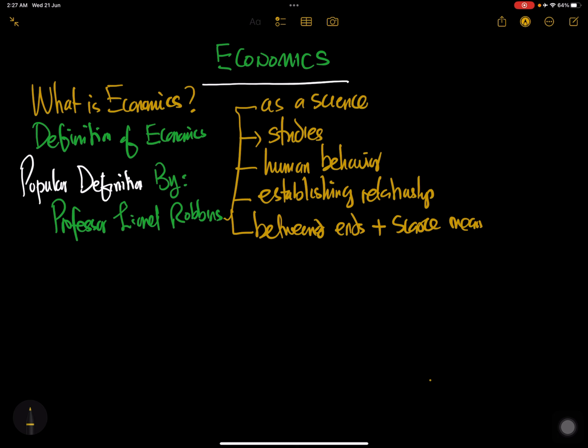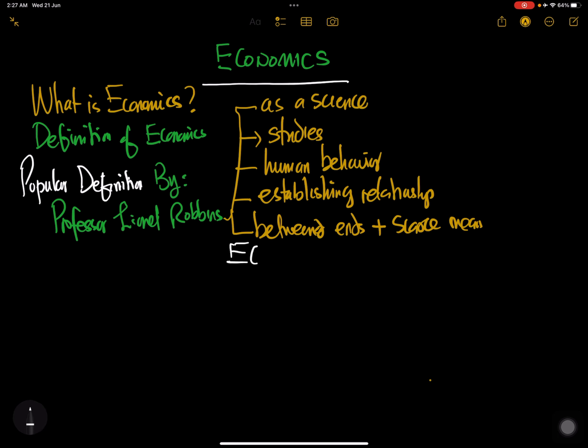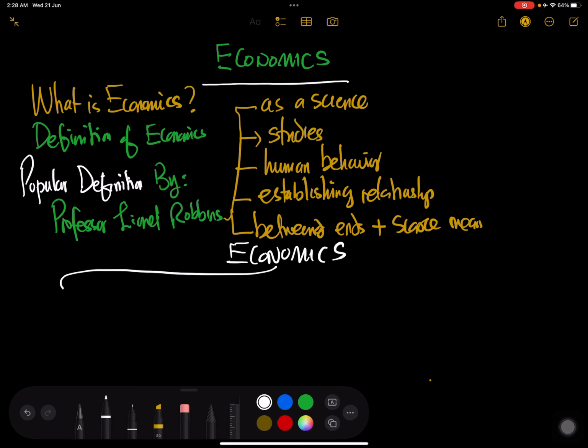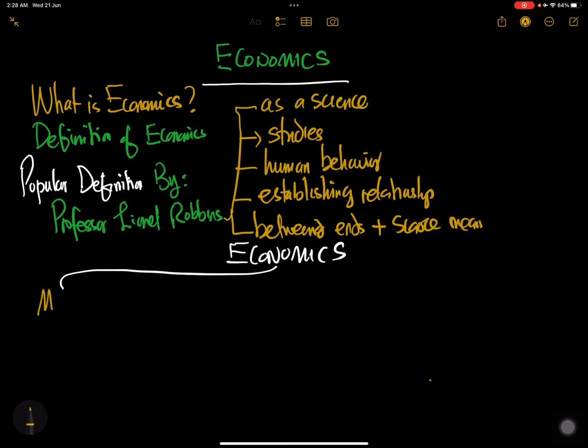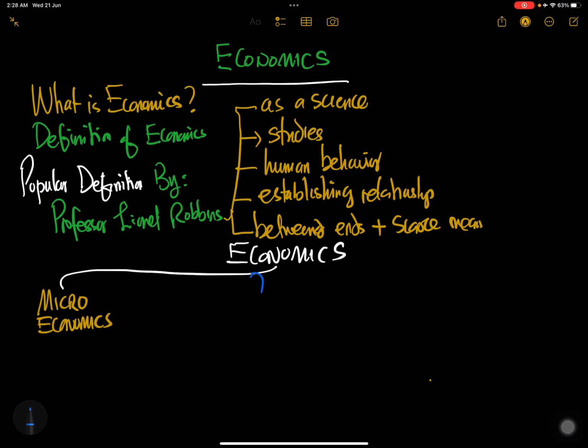Now, economics can be broken down into pretty much three branches. The first branch is known as micro or microeconomics. It depends on the country or the school you attended. And then the second branch is macroeconomics.